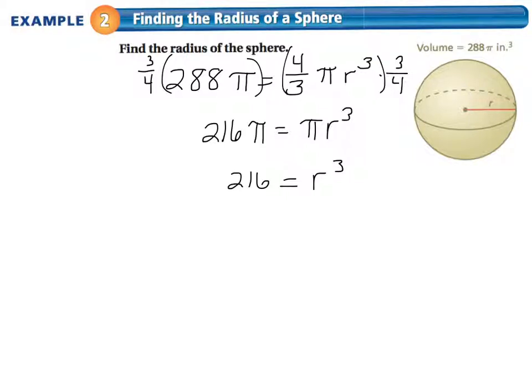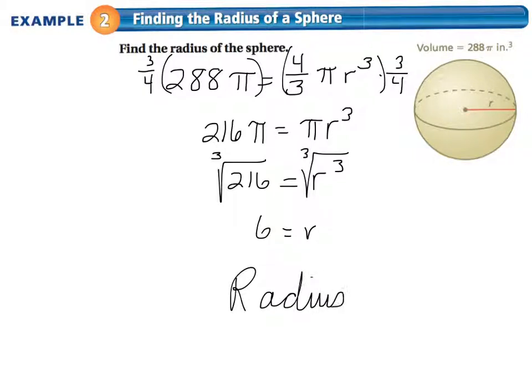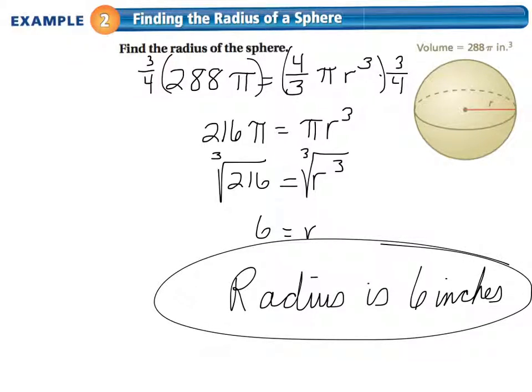Well, then to get rid of r to the 3rd, I have to take the cube root. And so the cube root of 216 is 6. So the radius is 6 inches. And ta-da, you are done.